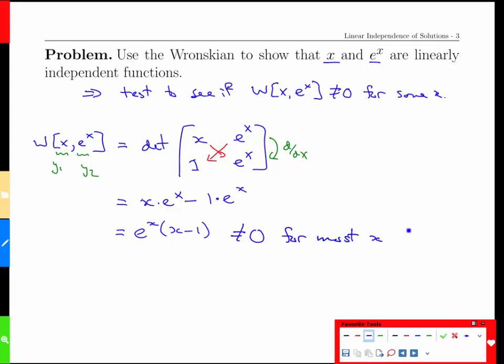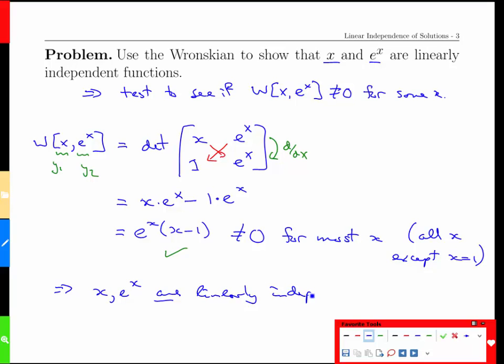In fact, it's not equal to 0 for all x except x equals 1, the only way to make that equal to 0. That makes this part of the element 0. So have we seen the Wronskian is not equal to 0 for some x? Absolutely. Check. Which tells us right away that x and e to the x are linearly independent.